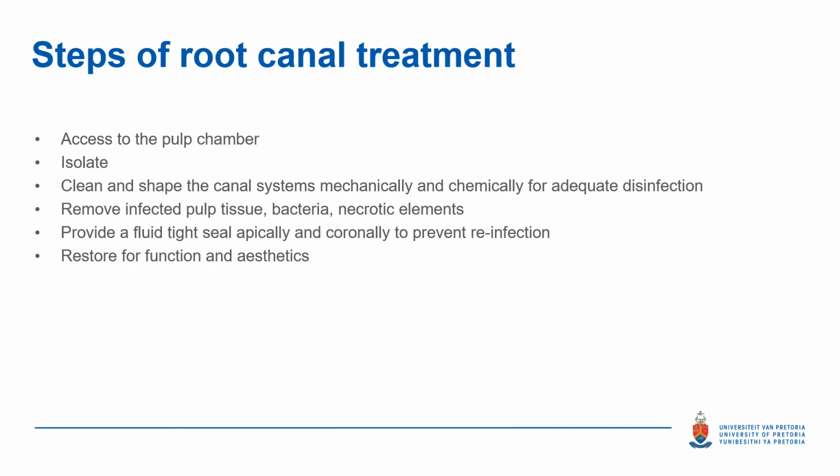The steps of a root canal treatment basically involve our access into the pulp chamber, isolation, cleaning and shaping of our canal systems both mechanically and with chemical disinfection to remove all the irritants from the inside of the canal, and then to provide some kind of fluid-tight seal both apically and coronally in order to prevent reinfection prior to restoring with something definitive like a composite or a crown.